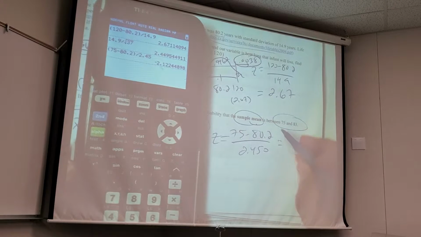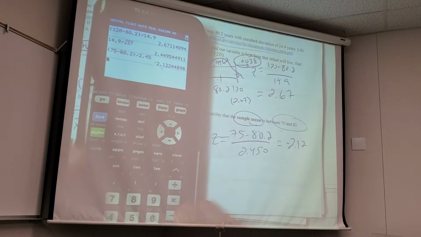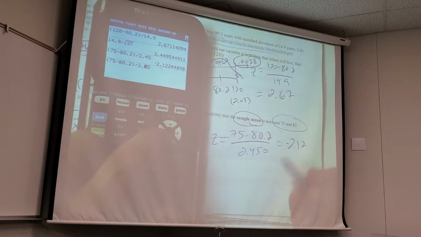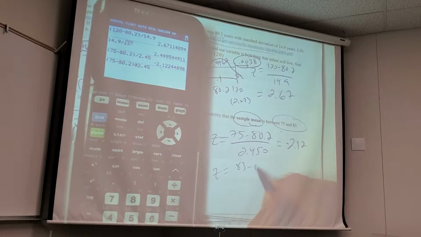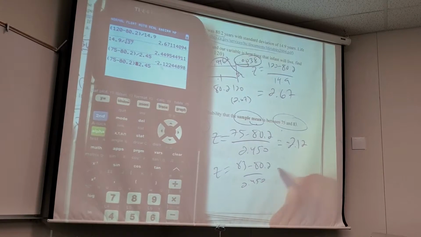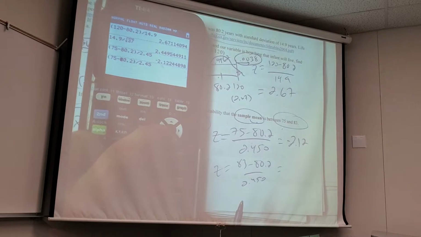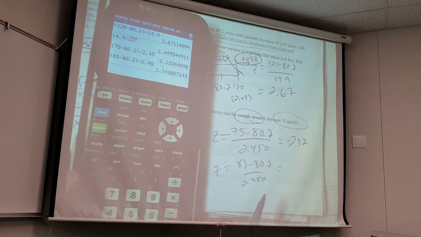So I get negative 2.12. And if I do it for 83, I get 1.14.